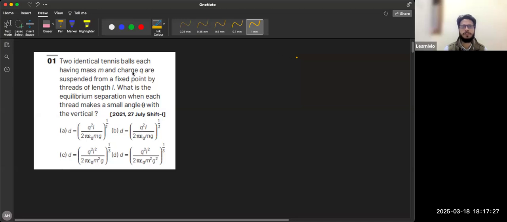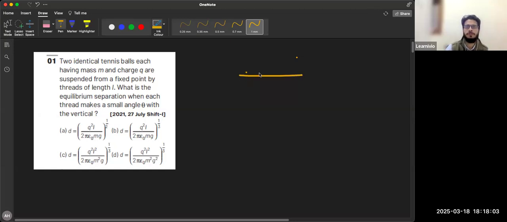Are you able to draw the rough sketch of this question? Yes, no. If you're not able to draw, just say no. So I don't know if it's correct. Like the thread is making an angle with vertical. I'm confused with that sentence. Okay. And Upasana, you?